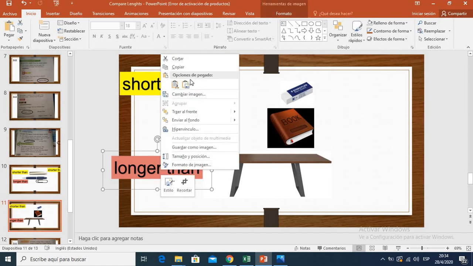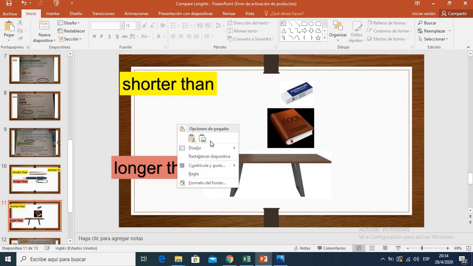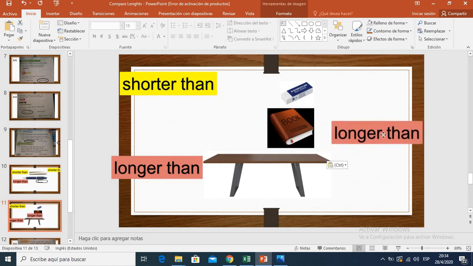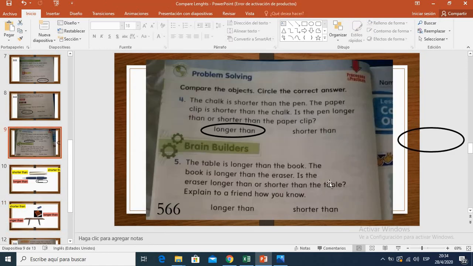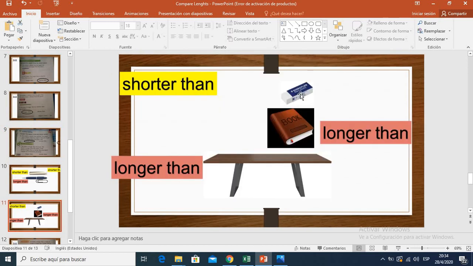So, I'm gonna copy and paste the word longer than. The book is longer than the eraser. Now, I continue reading. Is the eraser longer than or shorter than the table? Now, let's check. The eraser is longer than the table or is shorter than the table? Let's compare it.